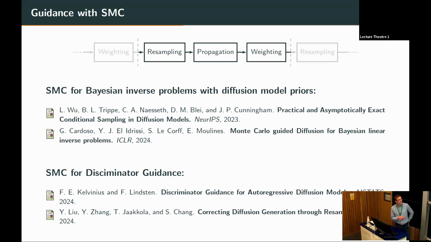When is ICLR? In a few weeks, I think, this year. Both of these deal with the Bayesian inference problem. Then we also have two recent papers, our paper that I mentioned, and one that will be presented at CVPR later this year, that deal with the discriminator guidance version of this.